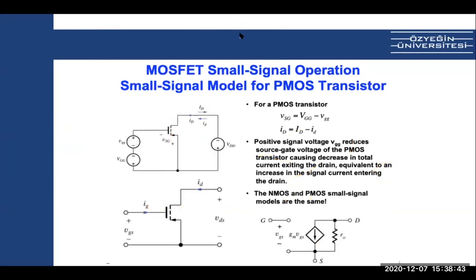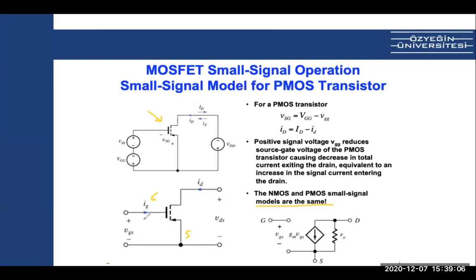So that's how it affects your small signal model. For the PMOS, as I mentioned, the small signal model is the same because the logic is the same. But as you can see, this is a PMOS, and what you care about is the source-gate voltage.